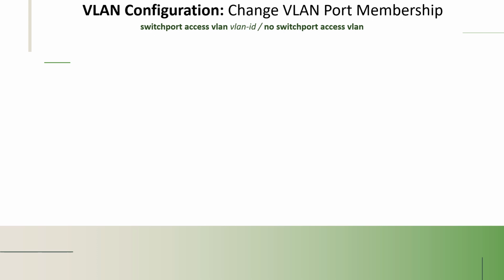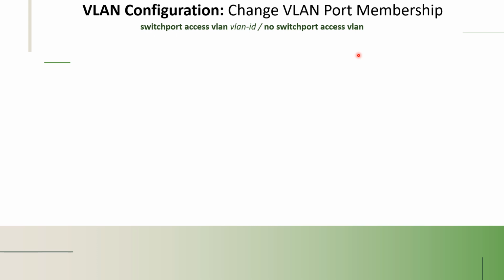To change the membership of a port back to the default VLAN, we use the command no switchport access vlan in the interface configuration mode, which means this port will not be assigned to a specific VLAN, and then by default it will go to VLAN 1.